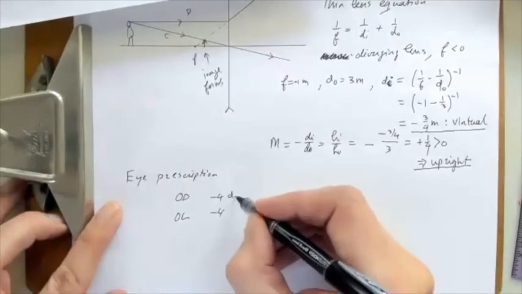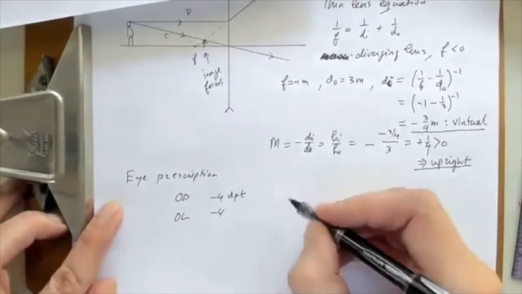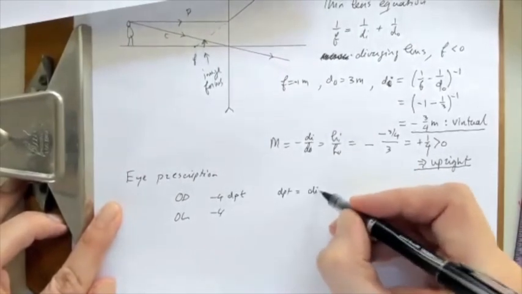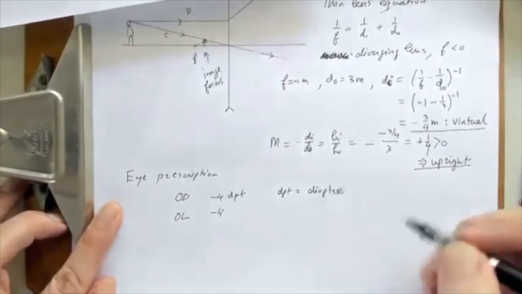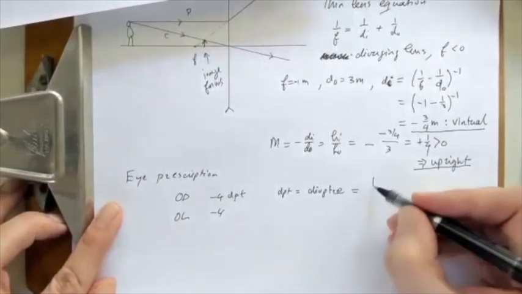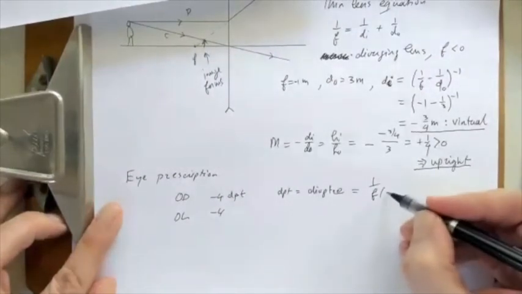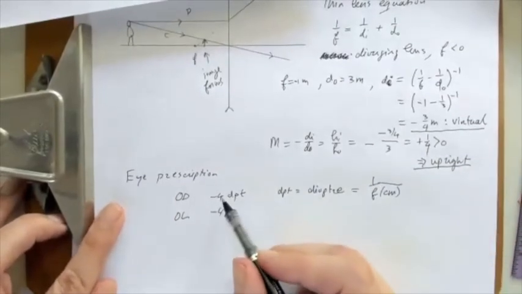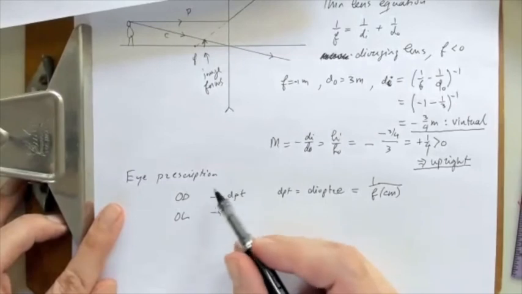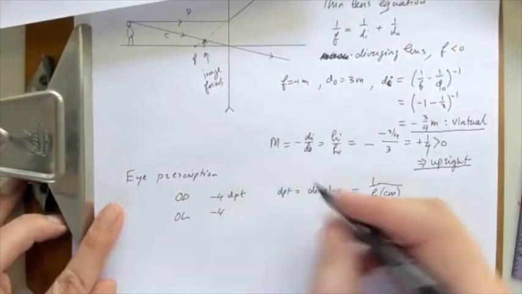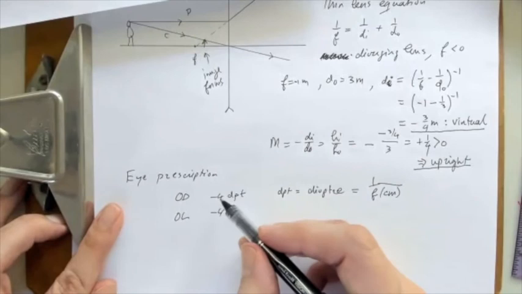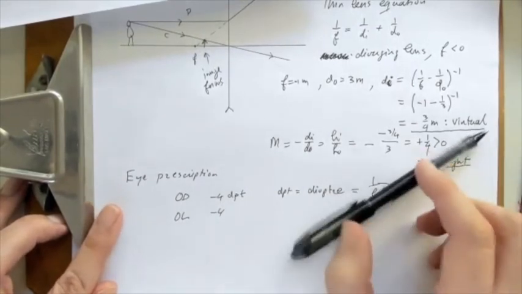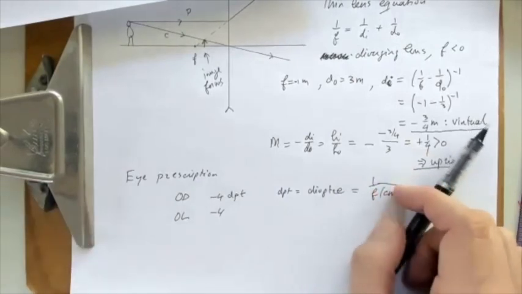This is actually in DPT, that's diopters, and it's 1 over f in meters. So if you have glasses with a strength of -4, your focal length is going to be 1 over 4, so it's like 0.25 of a meter.